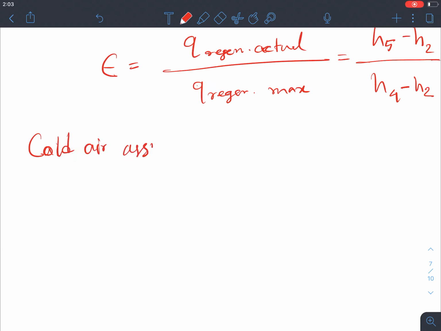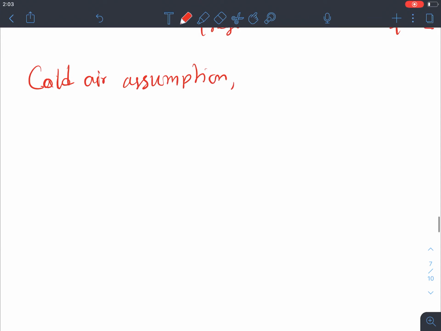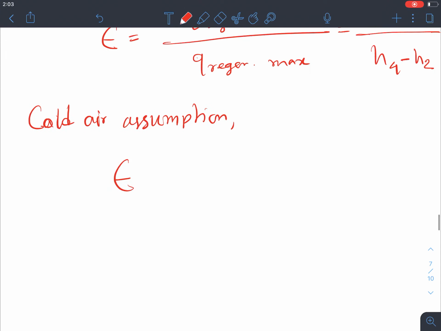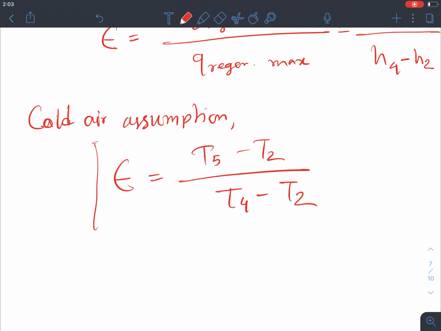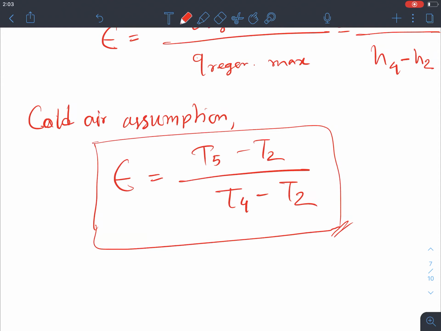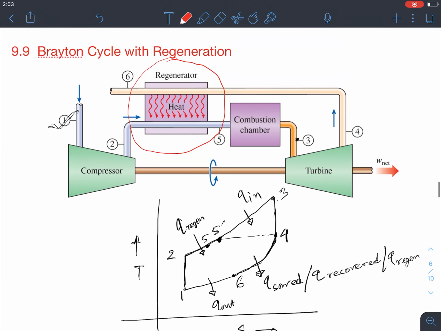By considering the cold air assumption, we can write that epsilon equals T5 minus T2 over T4 minus T2. So that's the expression of that effectiveness.